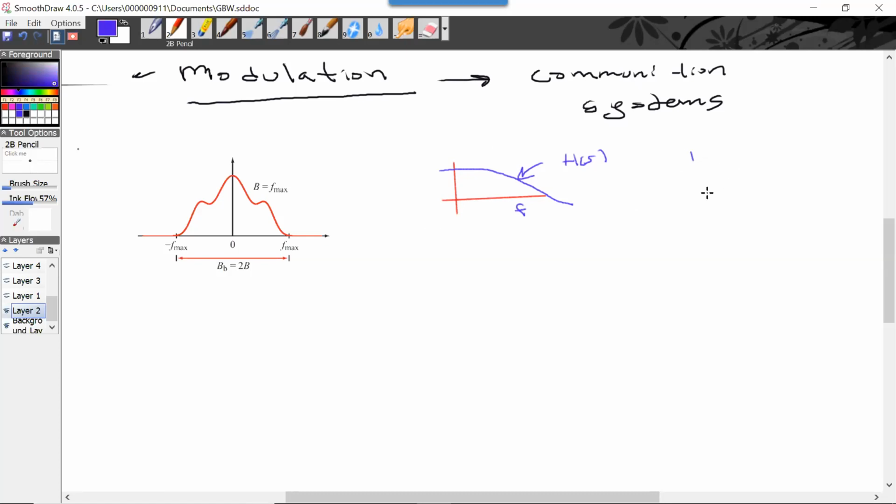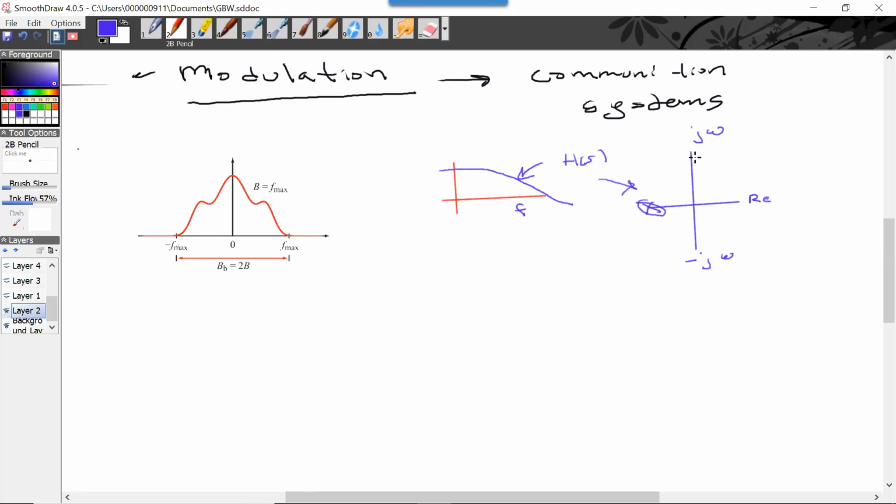The axis is frequency or radians in either case, but if you look at the complex plane, this is j omega, minus j omega, and this is the real part. In the S plane, you can have a pole, you can have a zero, that's where your H(s) is.